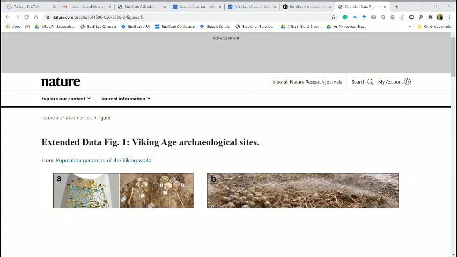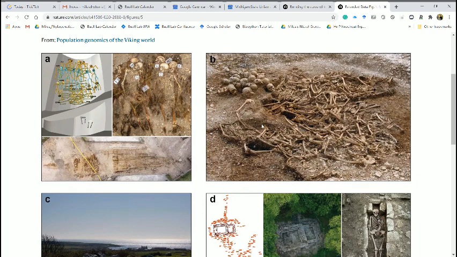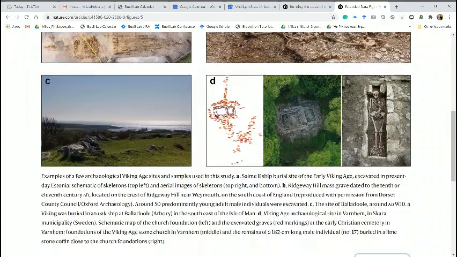Let's see. Oh my god. Jeez. Is this some kind of mass grave? Let's see here.